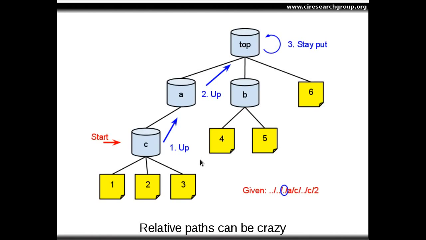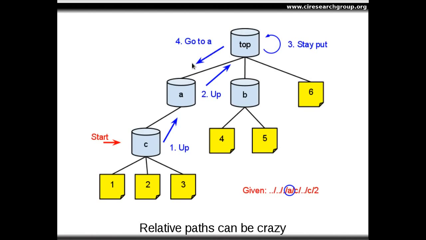So step 1 got us from C to A. Step 2, this second .. here, takes us from A to the top level directory. And then step 3, the single dot, tells us to stay put in the top level directory.